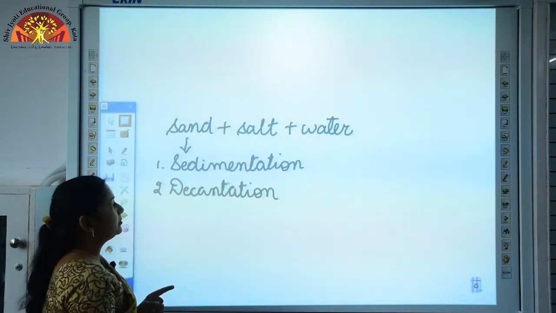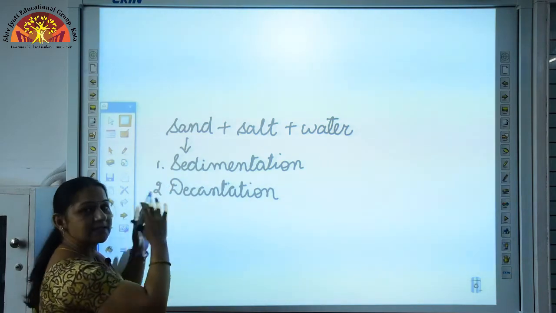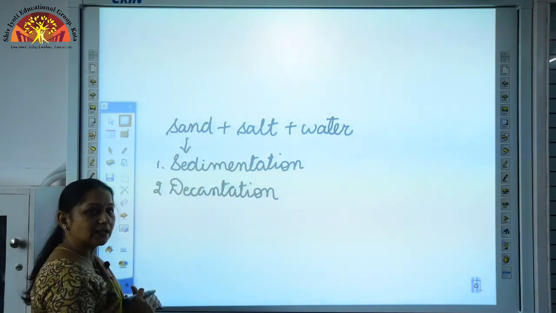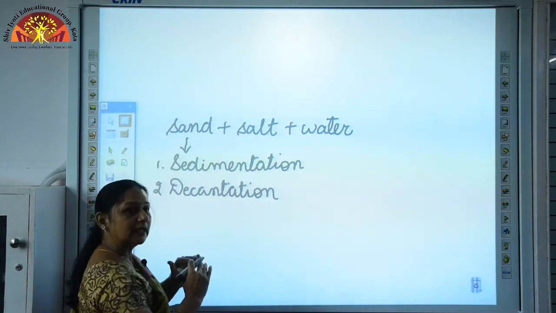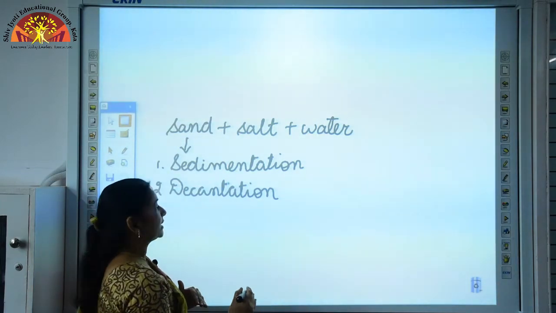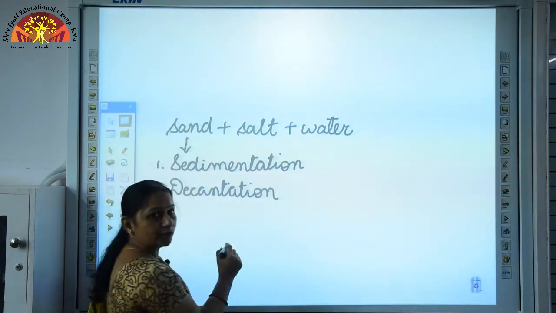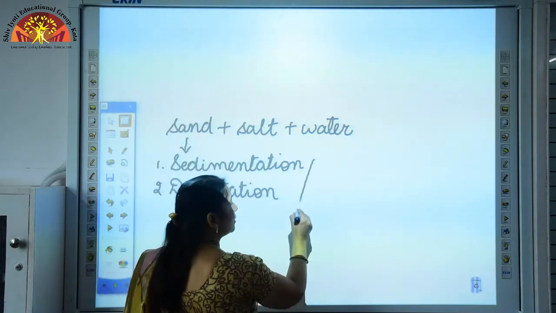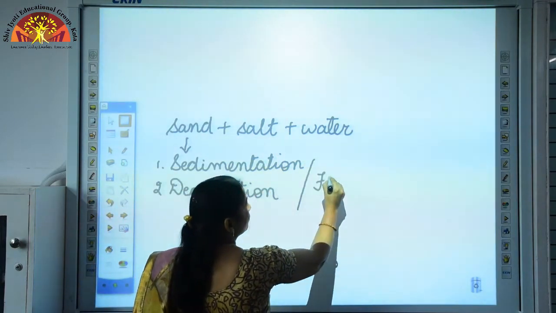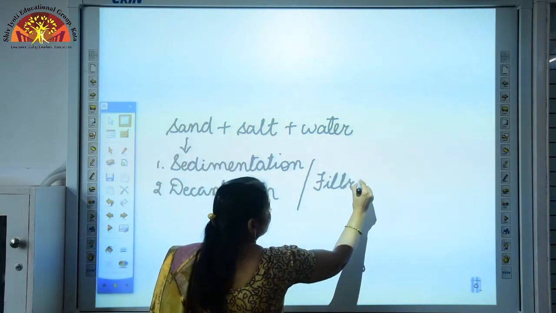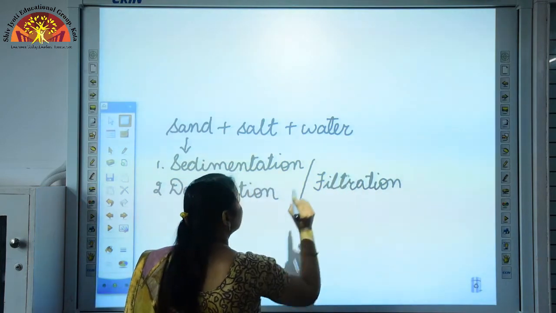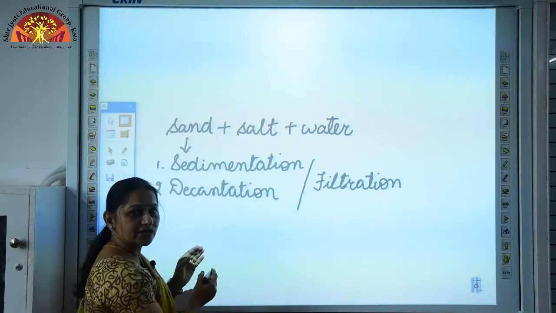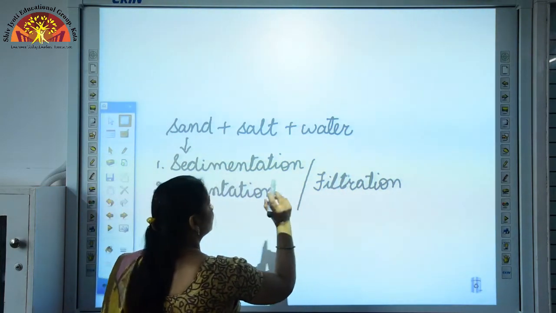When decantation is done, sand particles will remain in another beaker and I will get salt and water in a separate beaker. Instead of doing these two processes, we can also use filtration over here. Okay students, filtration is a very simple method, but sometimes when sedimentation and decantation cannot be done, we use filtration.